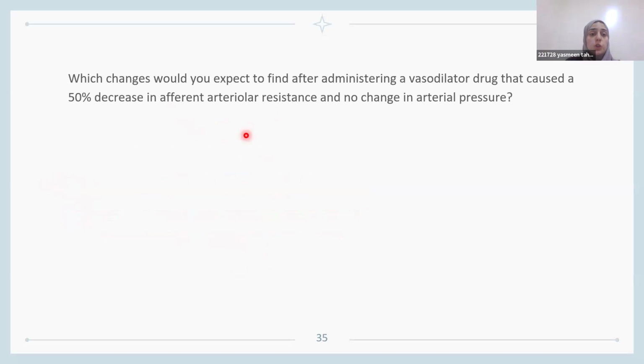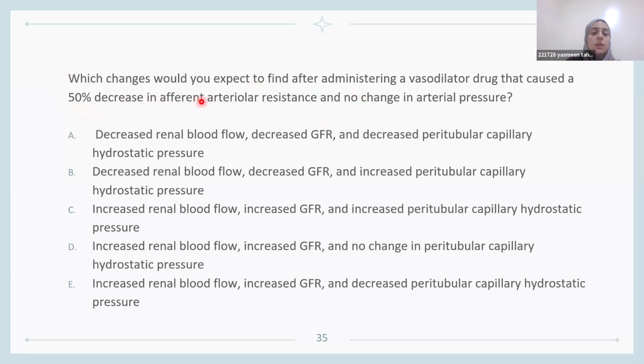Next question: which changes would you expect to find after administering a vasodilator drug that causes a 50% decrease in arteriole resistance and no change in the arterial pressure? So if we have less afferent arteriole resistance, what we are expecting is the blood flow to the kidneys is going to be better, it's going to be easier. And if we have higher blood flow into the glomeruli because the afferent arteriole is decreasing its resistance, we will also have increased GFR.